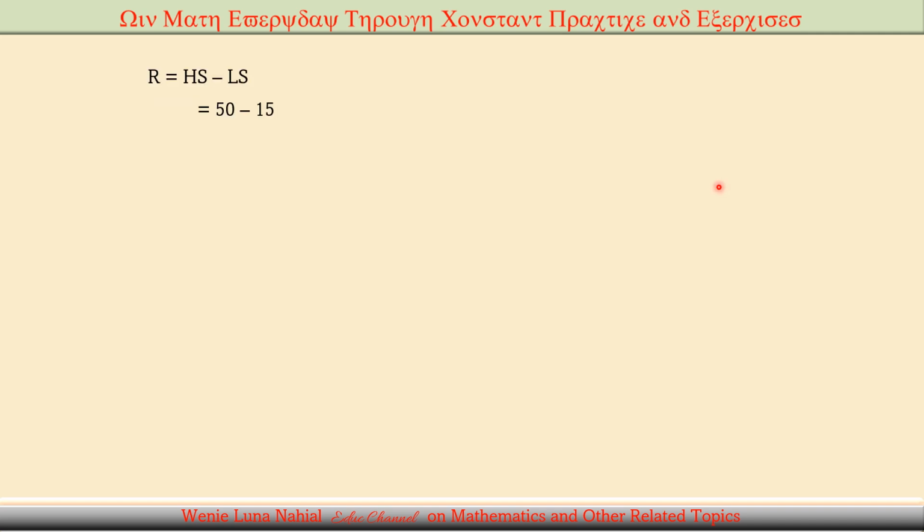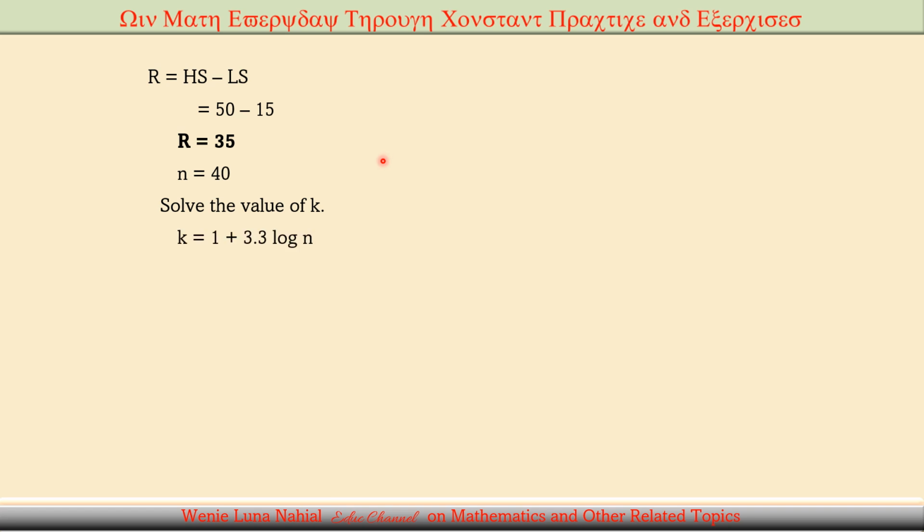In that given test score, the highest score is 50 and the lowest score is 15. So the difference is 35. So that is the range. Then there are 40 observations or test scores.